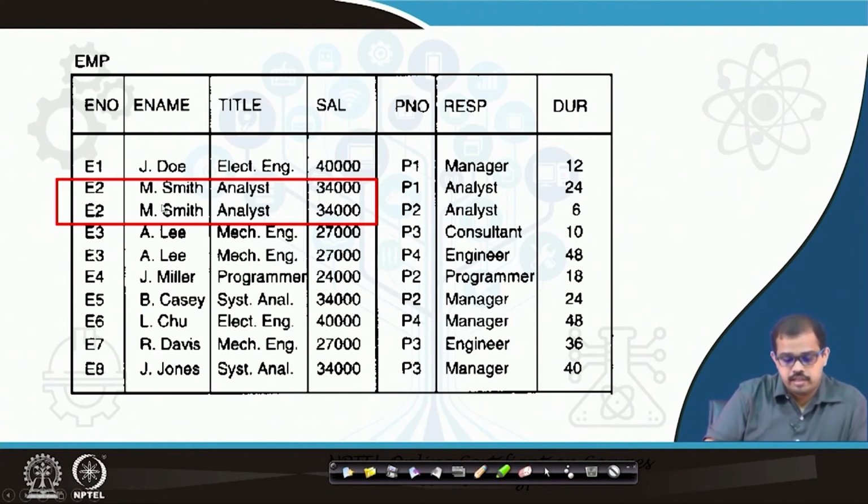When we define this particular entity, it is duplicated in two places just to mention how many hours he has worked in case P2. But this redundancy can be reduced. For example, M Smith, whose salary is 34,000, with P1 and P2 and 24 and 6 in two different fields in the same row. That would reduce the data redundancy.